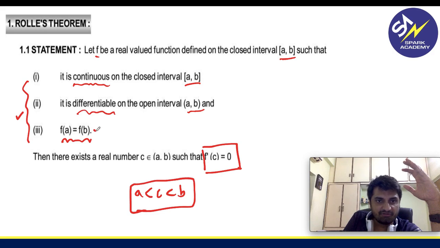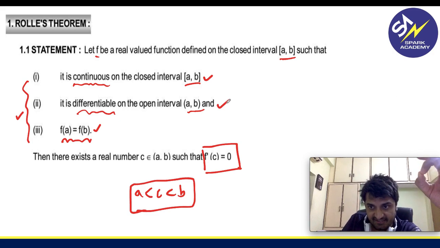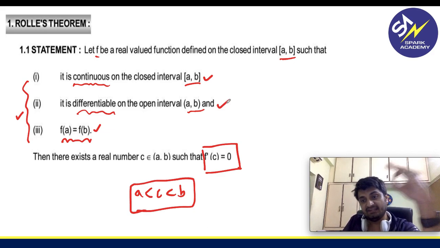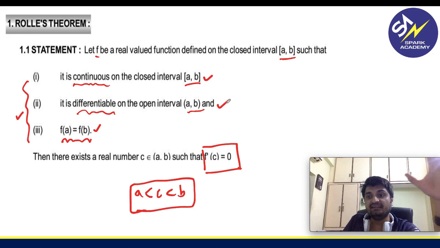Basically, f(a) equals f(b), it is continuous in closed interval, differentiable in open interval. When that is the case, for any function, if you differentiate, substitute c and equate to 0, basically you will be getting a value which is between a and b.